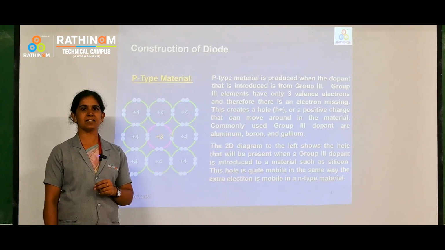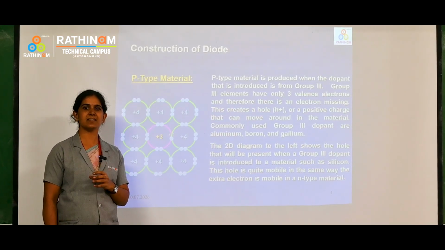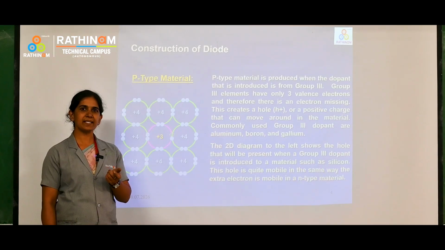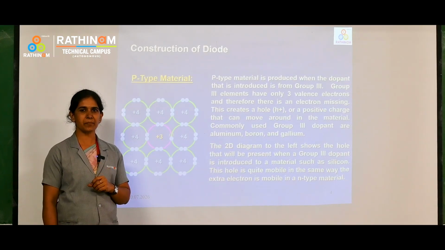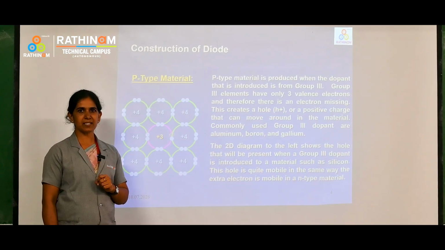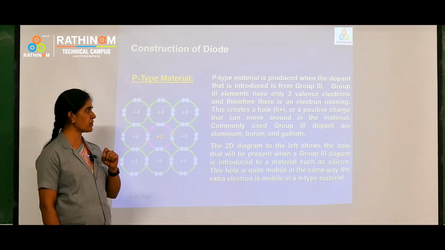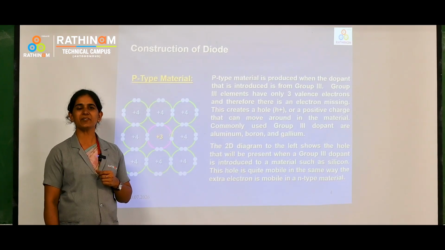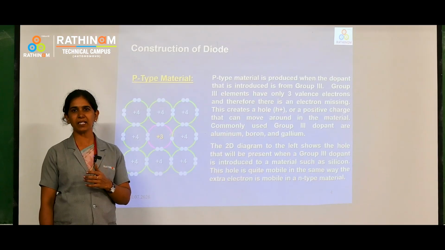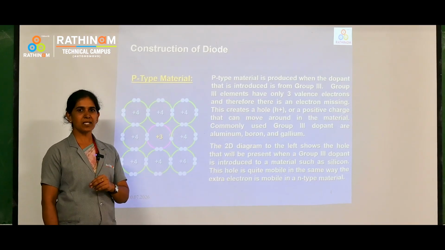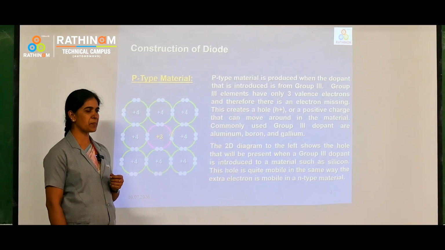Intrinsic semiconductors have an equal number of electrons and holes at room temperature. Intrinsic semiconductors are not usually used to make diodes because their conductivity is very low at room temperature. So extrinsic semiconductors are manufactured.